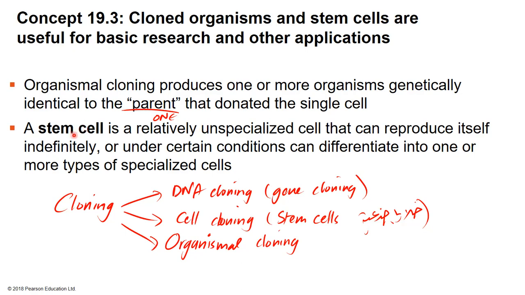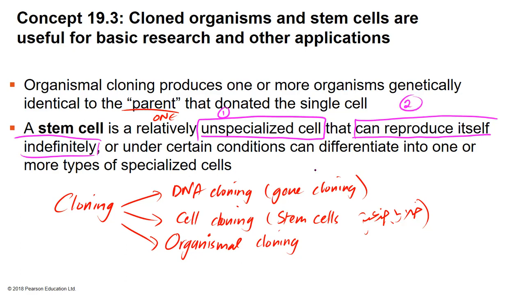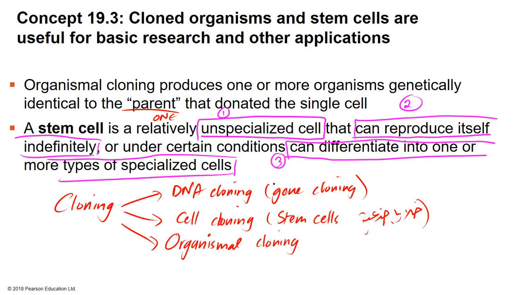So there are three characteristics of stem cells. They are unspecialized. They can reproduce themselves indefinitely. This is the other characteristic. And they can differentiate into one or more types of specialized cells. This is the third characteristic.